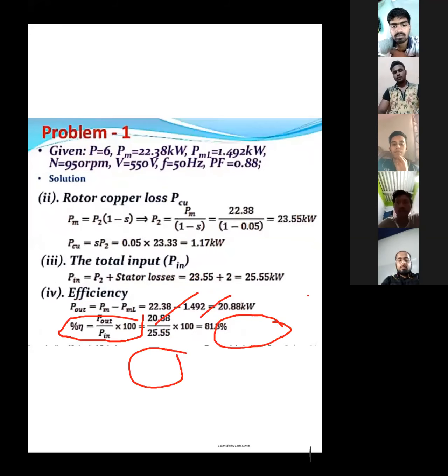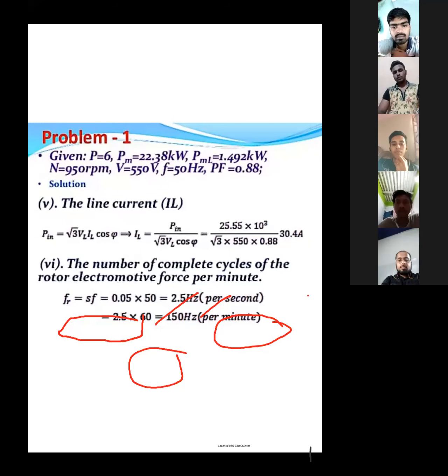In the case of number 1, we have the formula. Supply power is root 3 V L I L cos phi. So here we put that root 3 V L I L cos phi.